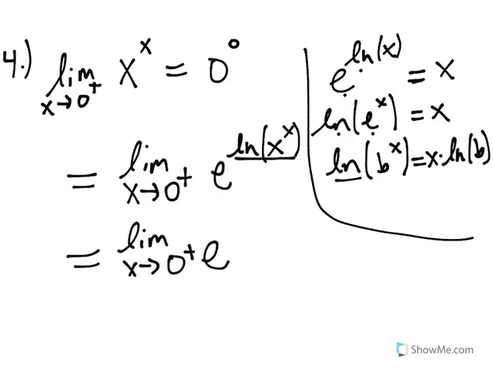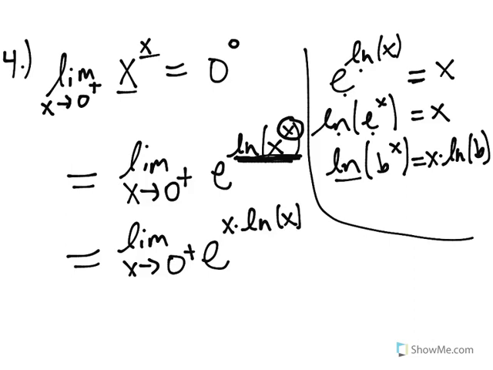We have e to the power of the natural log of x raised to the x power. This is why you're always going to need to use logarithms or logarithms and exponentials whenever you have an x in the base and in the exponent. Because now when you have the natural log of x to the x, we have a rule that says that the exponent on the base inside of the natural log moves down into the front and multiplies by the natural log. So it looks like this: x times the natural log of x, all up in the exponent.